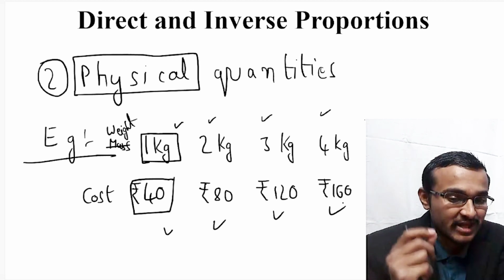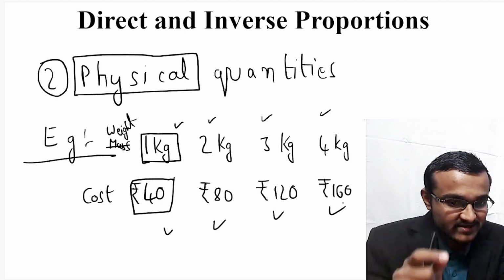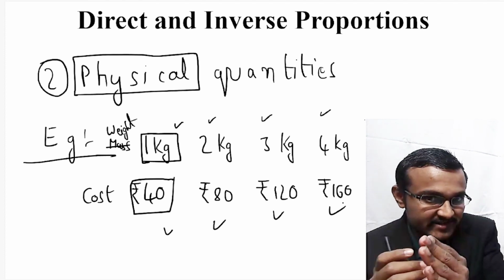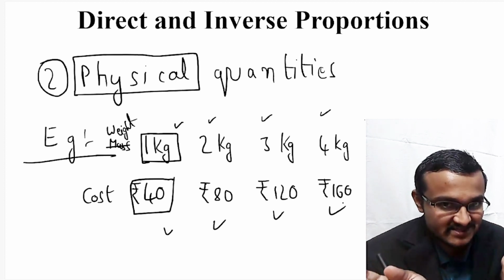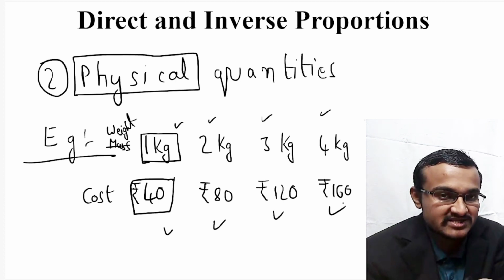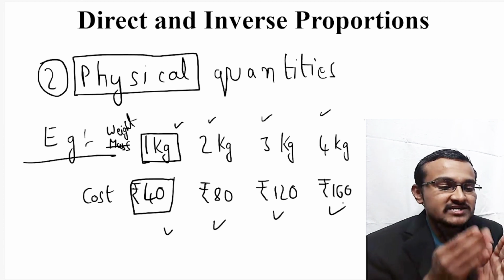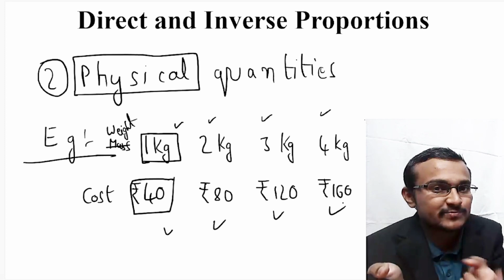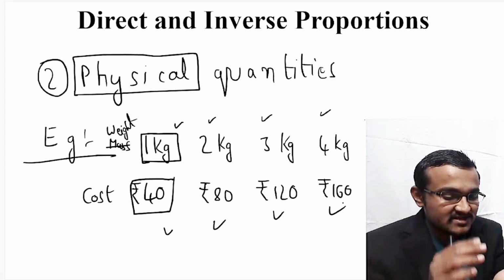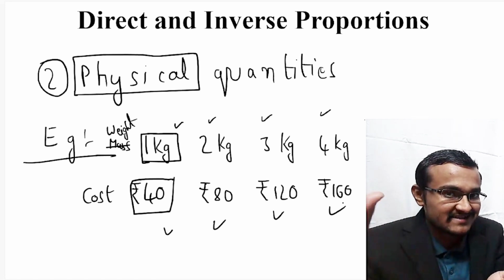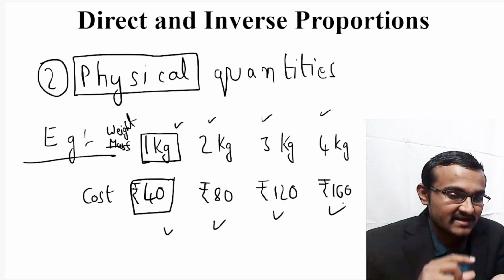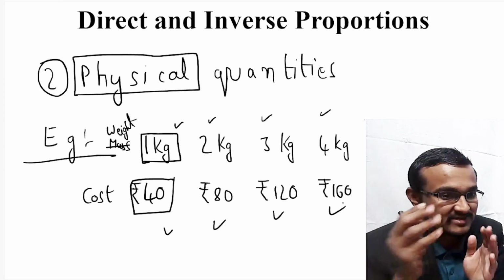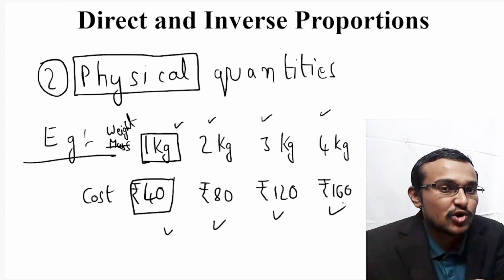One thing you should notice: when there is 1 kg of difference, then there is 40 rupees difference. Let's say there is 2 kg and 3 kg. From 2 kg to 3 kg there is 1 kg difference, and from 80 rupees to 120 rupees there is 40 rupees difference. That means the weight of sugar is increasing at the rate of 1 kg and the cost of sugar is also increasing at the rate of 40 rupees. That means constantly it is going on increasing.